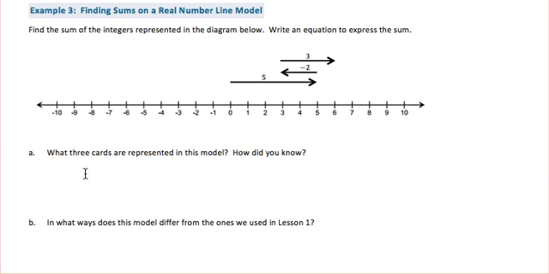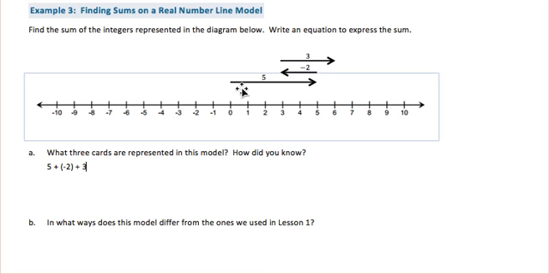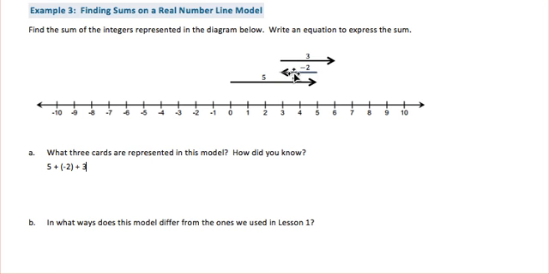So the 3 cards that are represented in the model are 5, -2, and 3. We know that because the size of the vectors has been indicated for us, and the direction of the arrow tells us whether it is positive or negative.